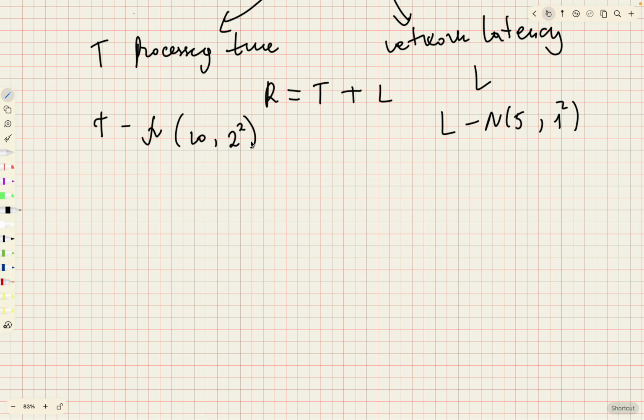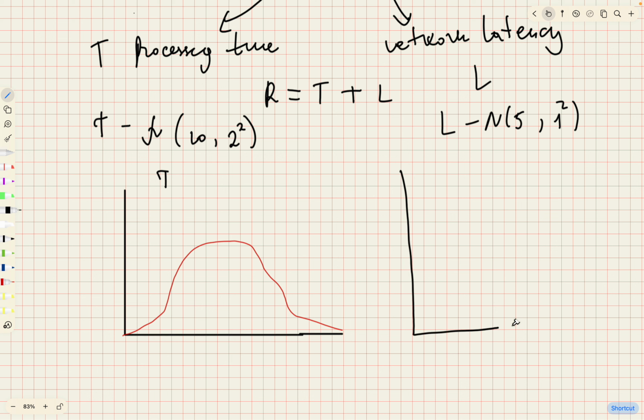And I will just roughly draw these graphs, first starting with the processing time distribution. It will be something like that. It's actually a normal distribution, maybe something like that. Yeah, it's more like a normal distribution. Okay, this is T. And for the network latency, we are going to draw this distribution, let's choose the color blue.